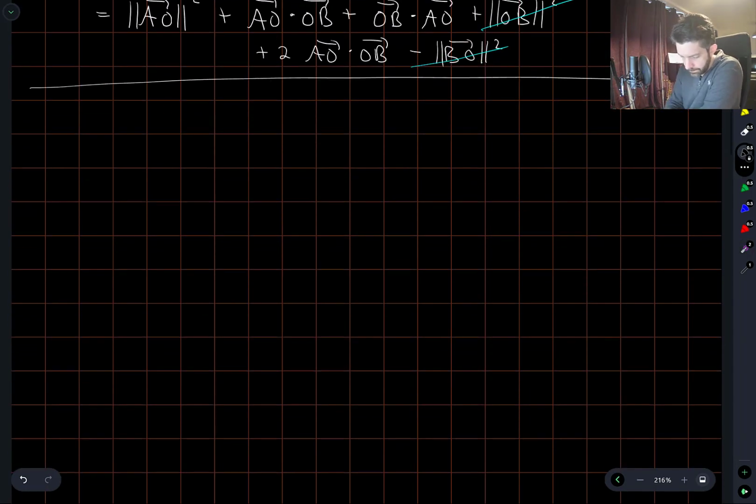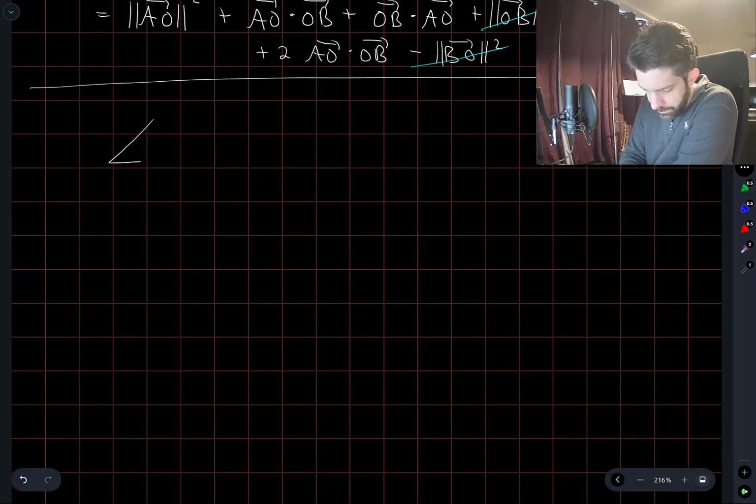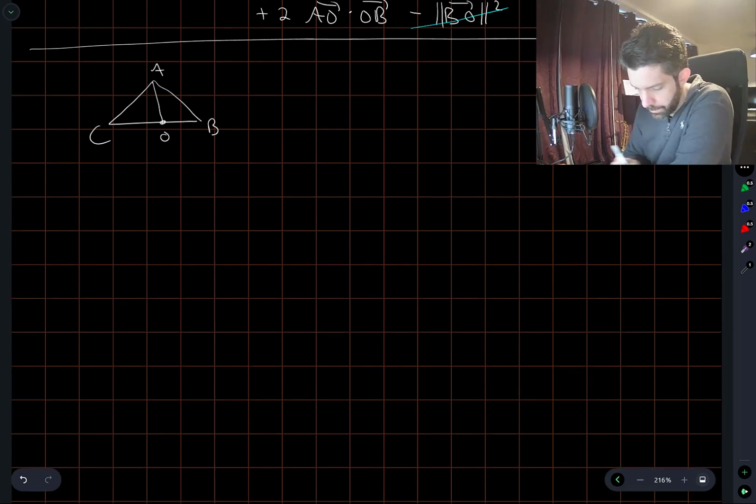And I'll badly retrace a diagram here so I can refresh my memory on what everything is equal to. Okay, so AC is equal to AB plus BO plus OC.